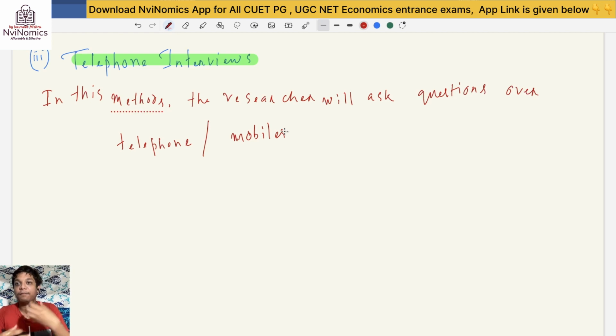So that will bias the data. And due to data biasness, the policy implications derived from those data will be biased, and in the long run they will have no implications. It will face some statistical problems that we will discuss when I teach you econometrics.